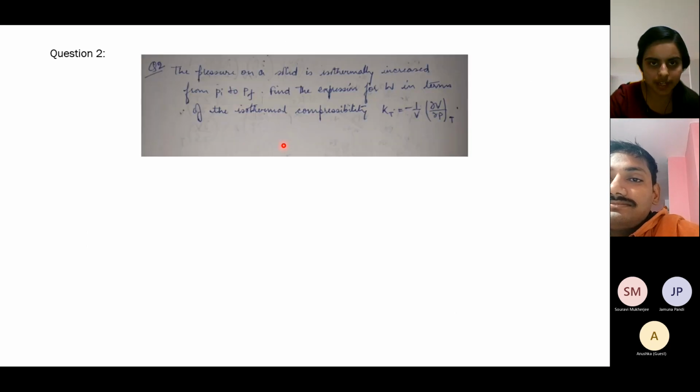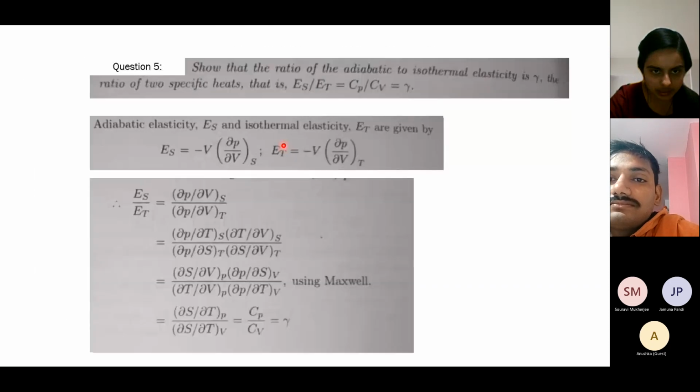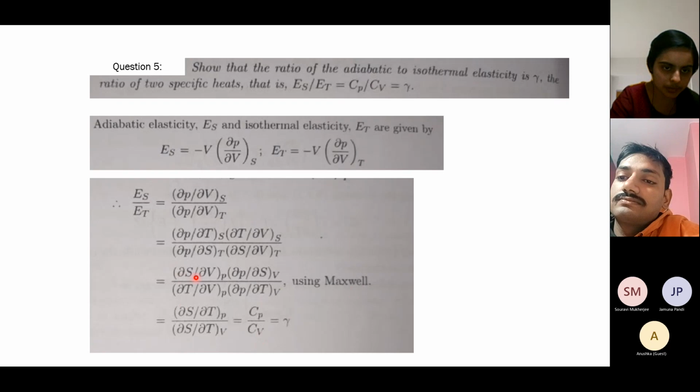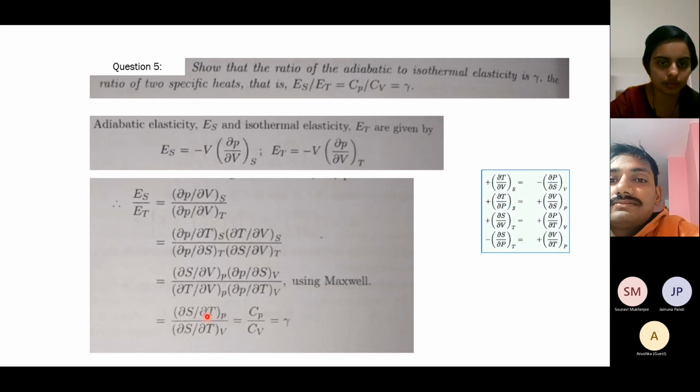You might always think we have to use Maxwell's relations, or some cyclic relation, but it's very simple. We can just look at these two terms and simplify them. You'll get well versed if you practice partial differentials. There's no other solution than practicing, so try to practice as much as possible.